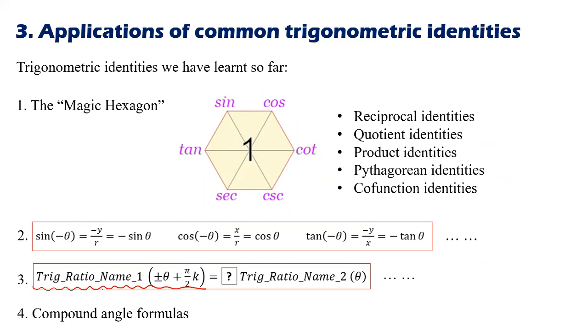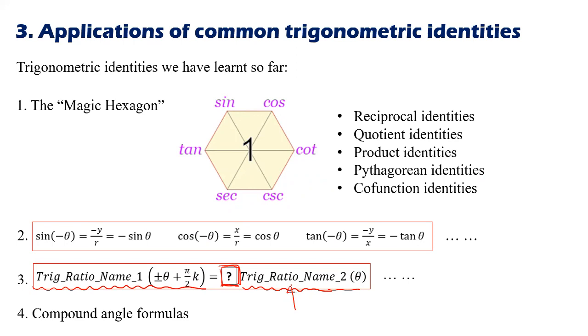Suppose you have a trigonometric ratio named 1, and then you have positive or negative theta plus half pi times k, where k is an integer, right? And this is actually equal to a trigonometric ratio named 2, and then theta. And then you need to determine the sign in front of the new expression.